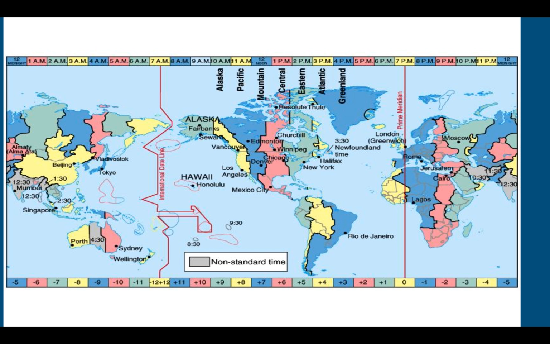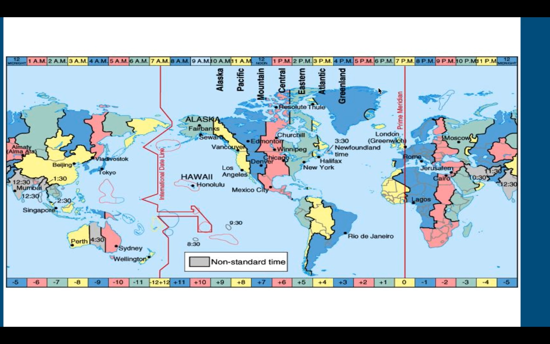Now, to give you a little bit of a visual, this is obviously a different type of map that we're looking at. But if you look on the screen, right-hand side, where my cursor is, the arrow, this is the prime meridian. This is where the reference point is. This is where it all starts. This is 0 degrees longitude.